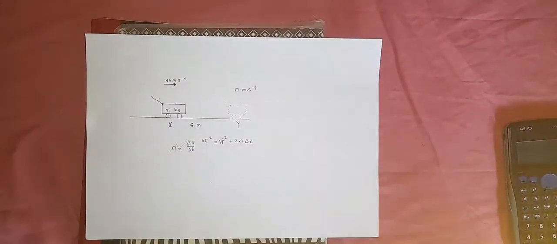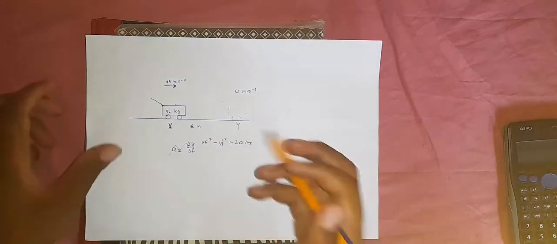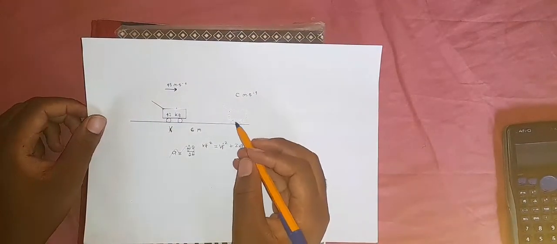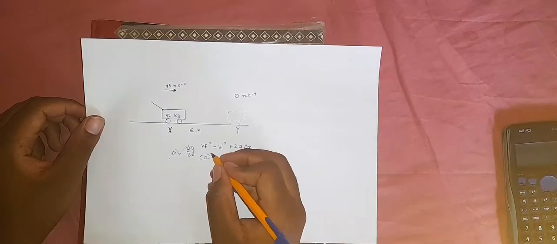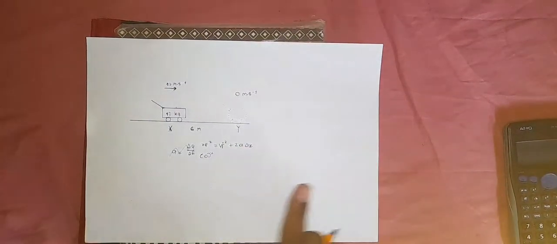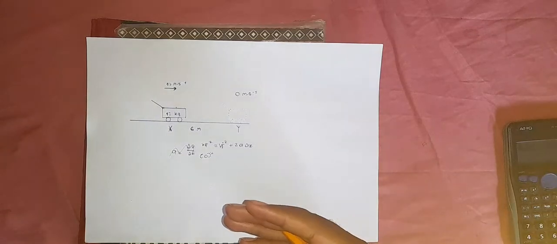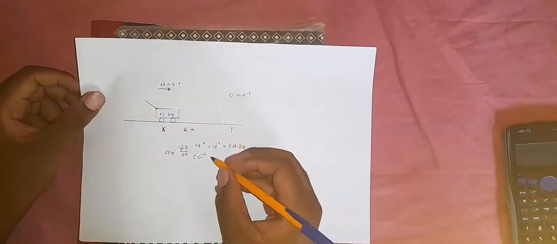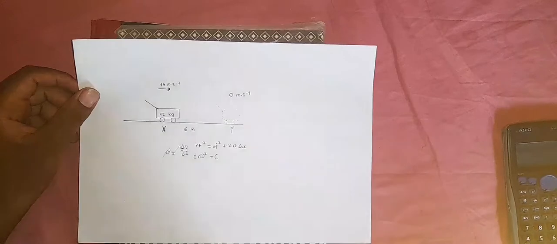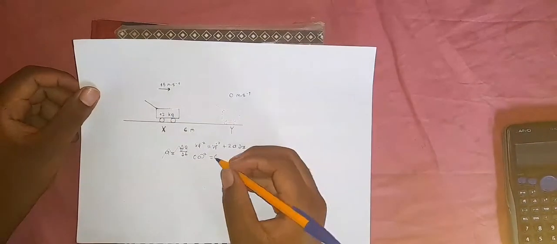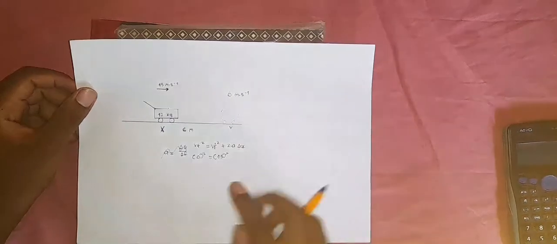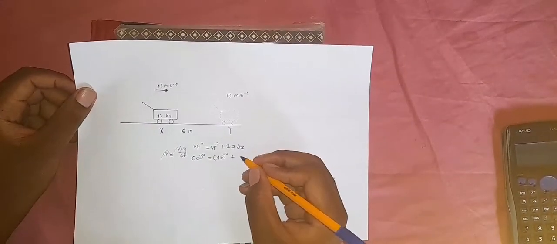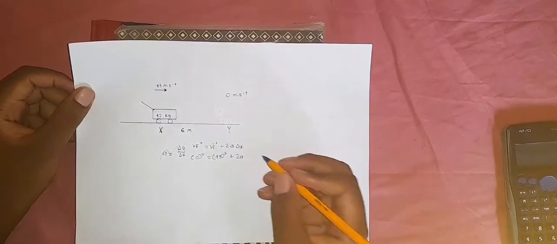So what is the final velocity here? Well, the final velocity is 0 because it stops at point Y. It cannot go any further, so it has a velocity of 0. V initial is 15 meters per second, so it's 15, don't forget to square, plus 2a.